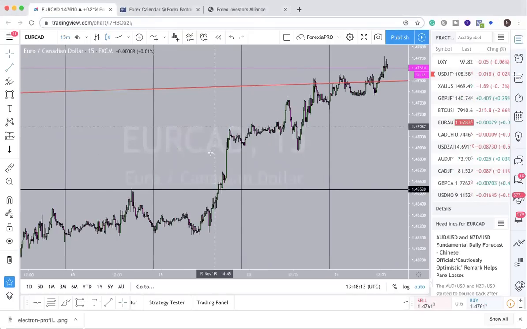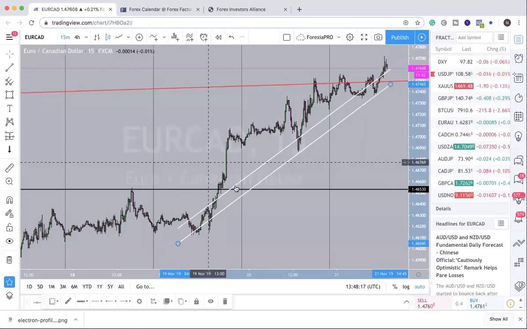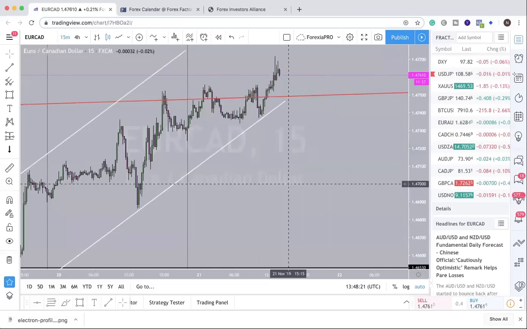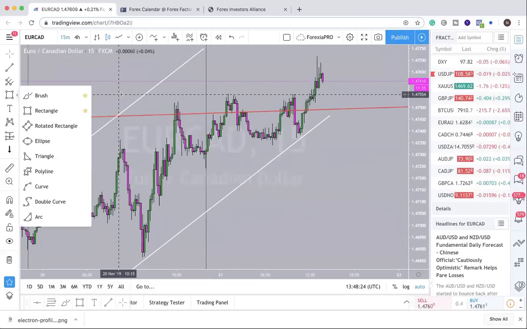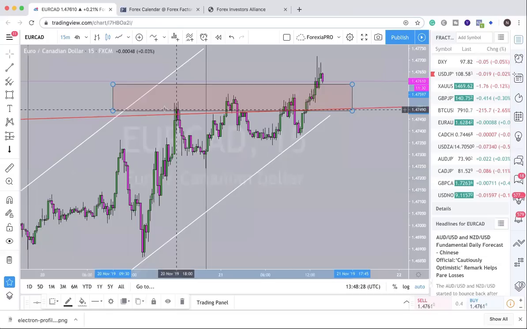So Euro CAD the entire week has been in an uptrend. They're working off the previous day's high.